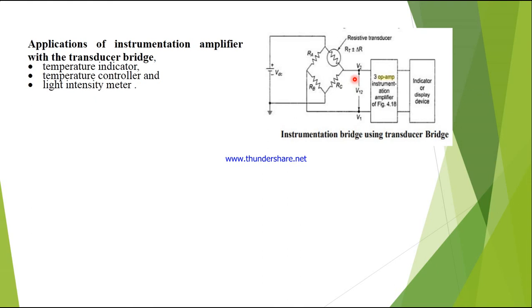At that time V1 is not equal to V2, and this difference voltage gets amplified by the three operational amplifier instrumentation amplifier. This is given to the indicator or display devices, and the difference between the voltages can be displayed using the display devices.